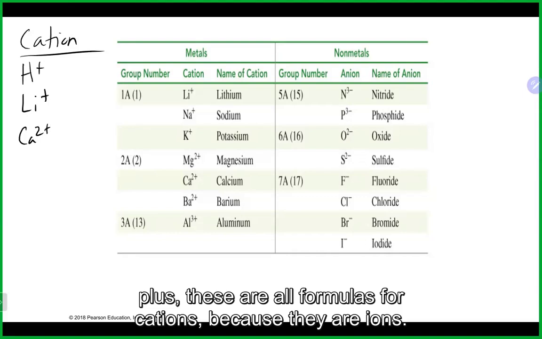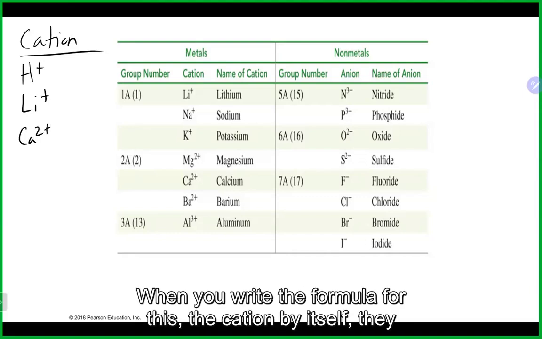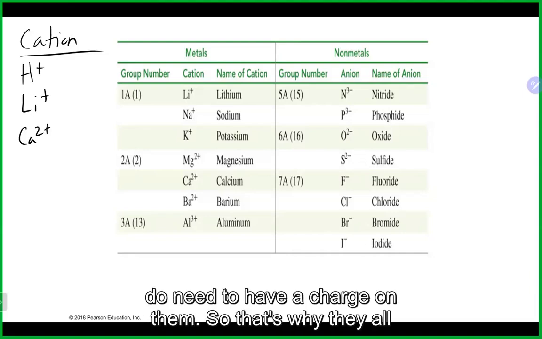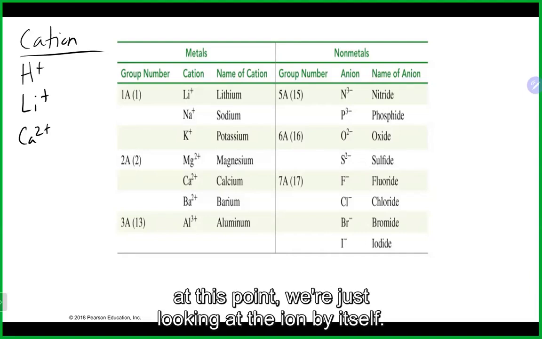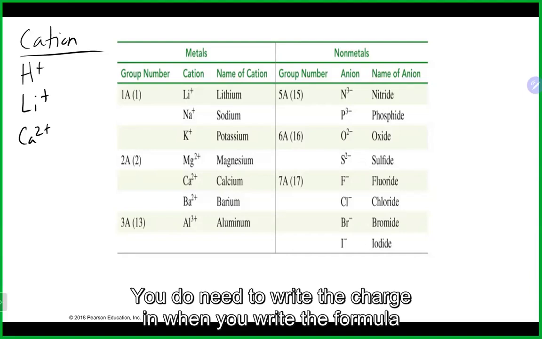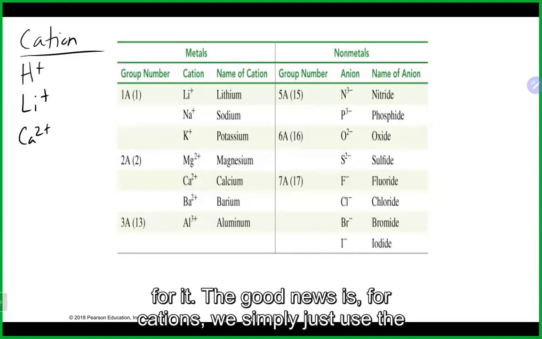Because they are ions, when you write the formula for the cation by itself, they do need to have a charge on them. So that's why they all have the charge written. They're not combined at this point. We're just looking at the ion by itself. You do need to write the charge in when you write the formula for it.